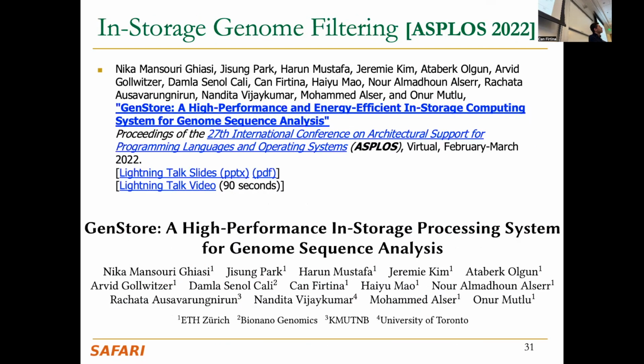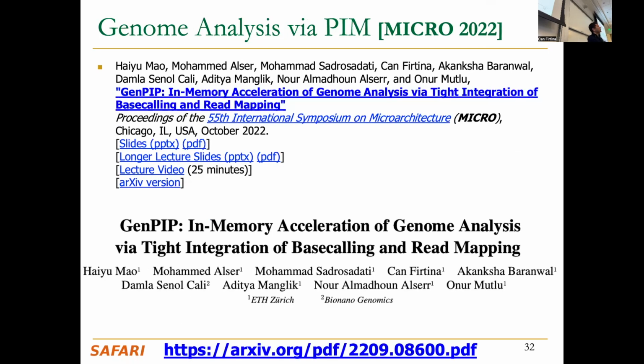So all these papers are published and presented in top computer architecture conferences. We also design filters in the SSD and ask the question which sort of data we need to move from SSD to memory to do the read mapping operations. It turns out that we can figure out the exact matches much more quickly in SSD, where you don't have to move the data for such cases, and you can report exact matching alignment using the operations in SSD.